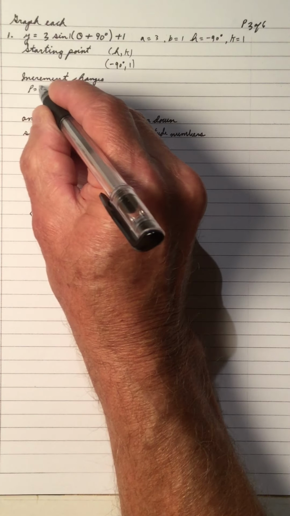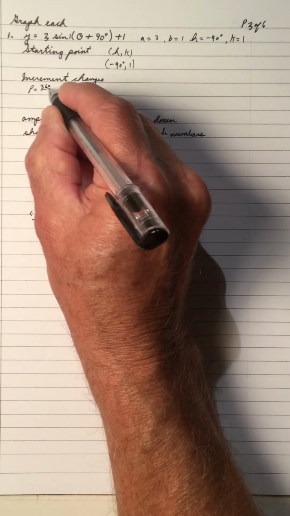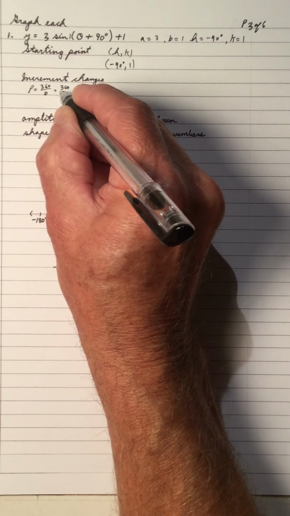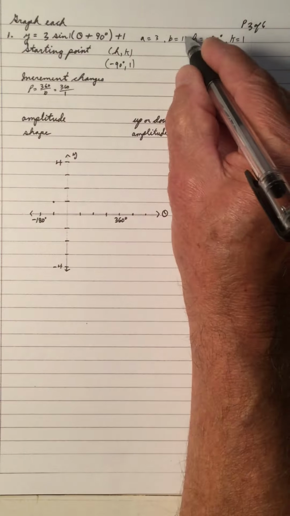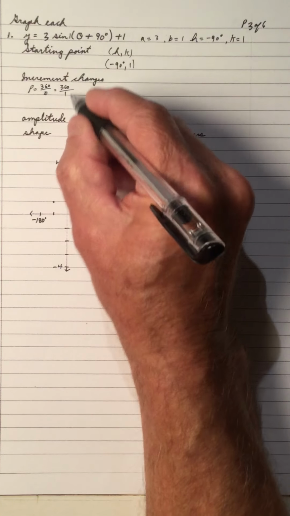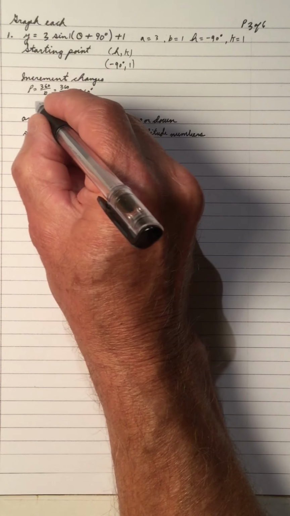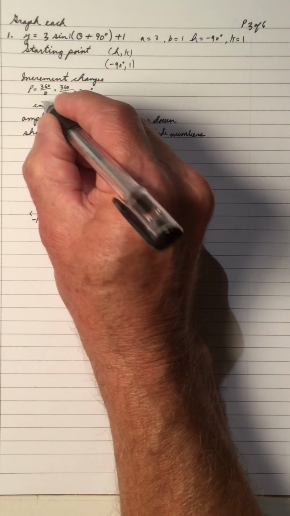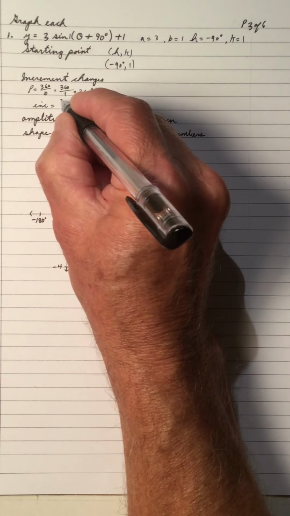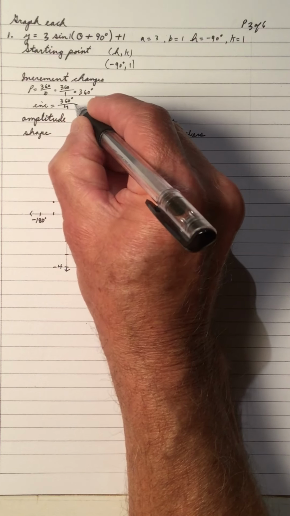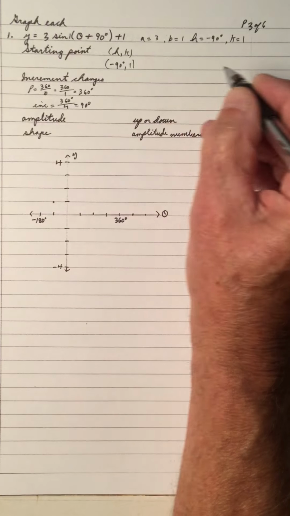The period is 360 divided by B. So that's 360 degrees divided by B, B is 1 right here. So the period is 360. And the increment change is the period divided by 4. So the increment changes are 90.